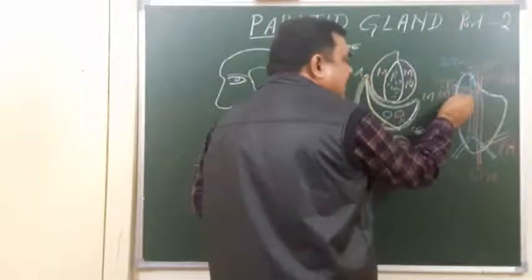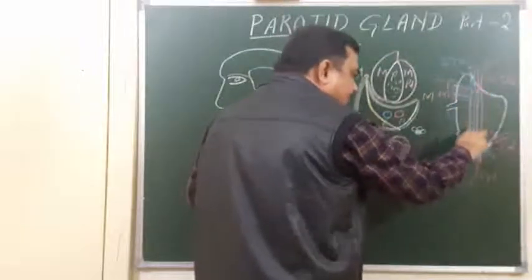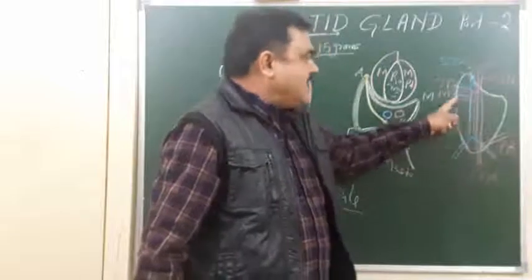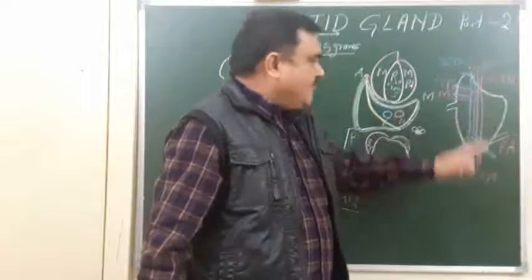This is the maxillary vein accompanying the maxillary artery. From here to here, it is the retromandibular vein, formed by joining the maxillary vein and superficial temporal vein.